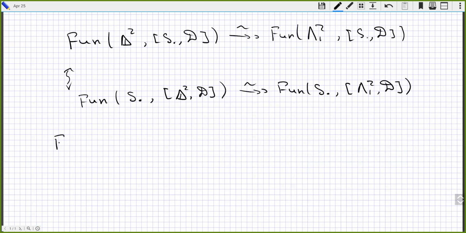We got that the space of maps from any simplicial set, in particular of a quasicategory, to a quasicategory is itself a quasicategory.